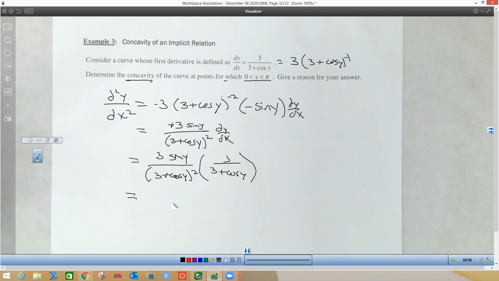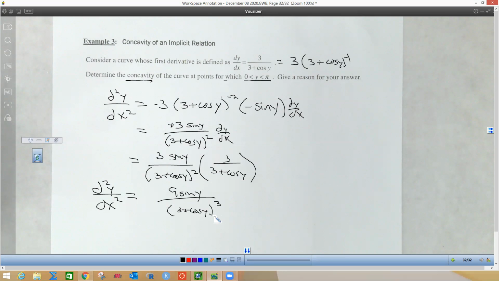So when I simplify this, I'm going to have 9 sine y all over (3 plus cosine y) to the third power. So this right here would be my simplified second derivative.